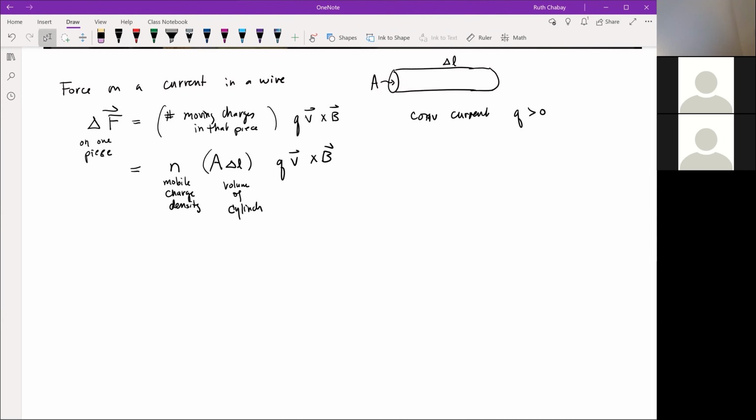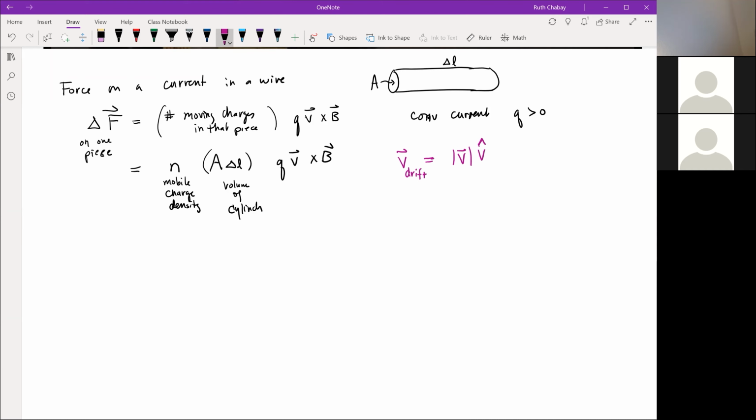And we're going to play the same game we played before, where we write the drift velocity of this fictitious positive charge as the speed times the unit vector in the direction of the drift velocity.